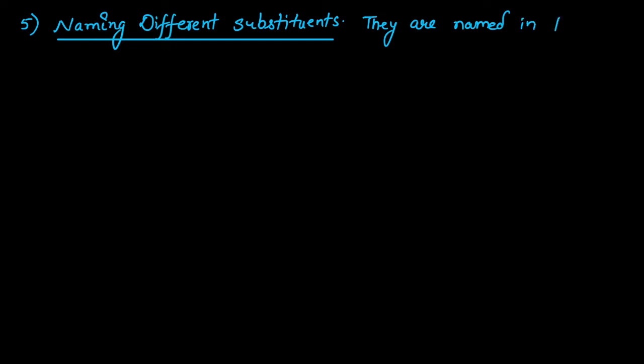Now let's discuss the next rule, that is naming different substituents. In the previous rule we studied the naming of the same substituent, but in this one we will study different substituents. They are named in alphabetical order.